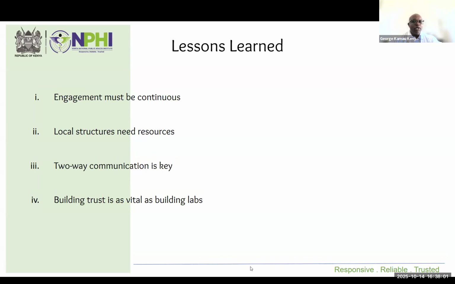Once we get diseases in the community, and we get information from the community, we need a two-way feedback mechanism so that the community is involved, appreciated, and knows the outcomes of the diseases, what happened, and resource allocation and utilization, so that we gain trust from the community. The other one is that building trust is as vital as building labs. The way we value building labs in the Ministry of Health, building trust is quite vital for the community. Next slide.